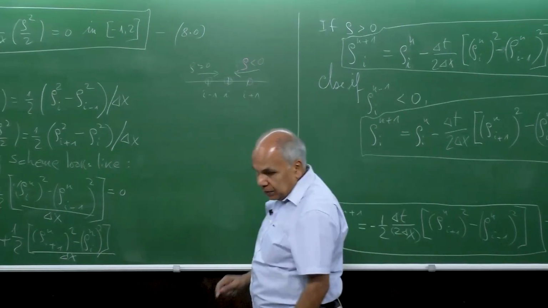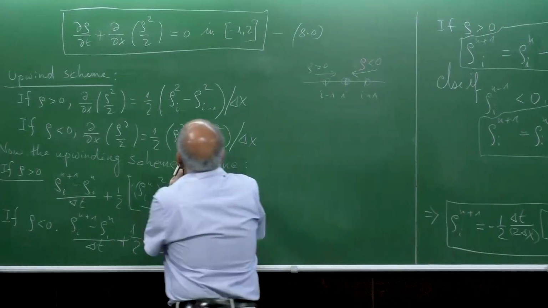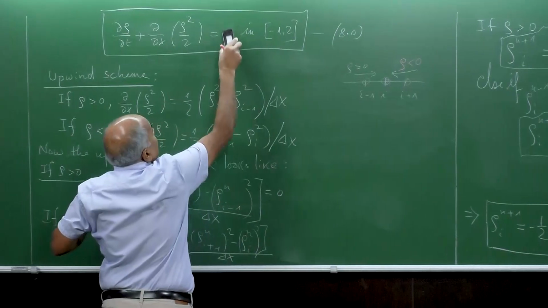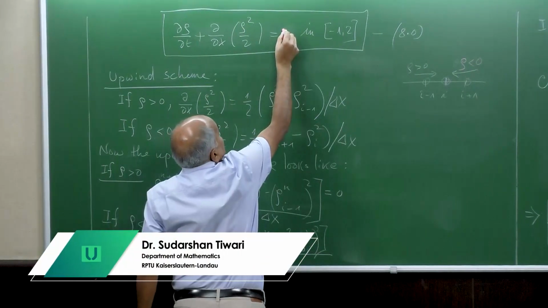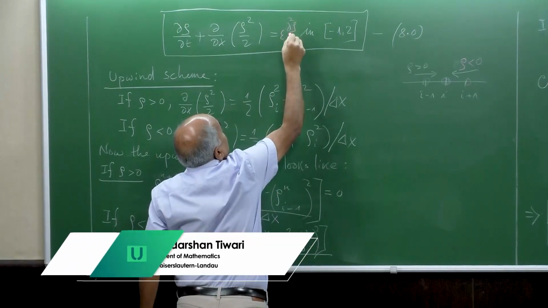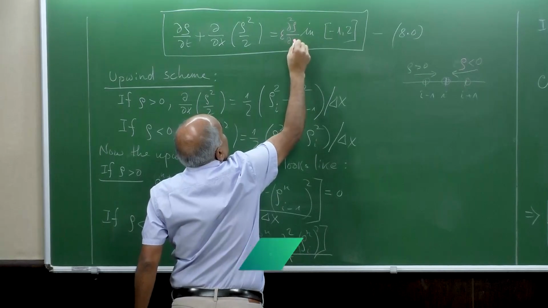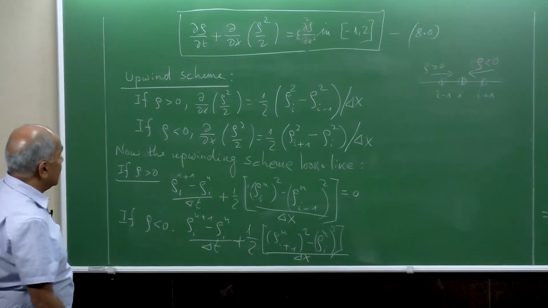If there is viscosity, instead of 0 we add epsilon times the second derivative of rho.